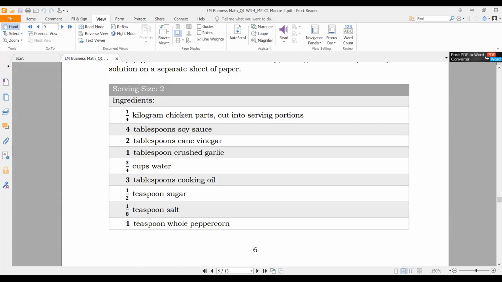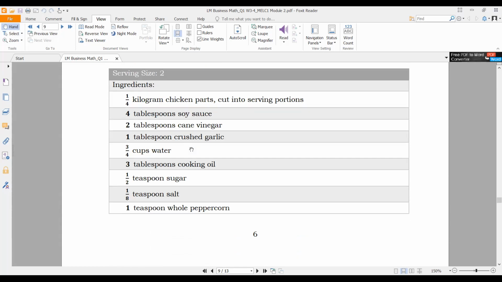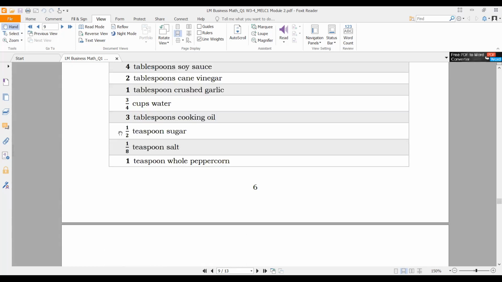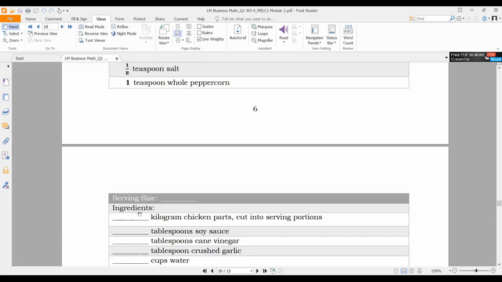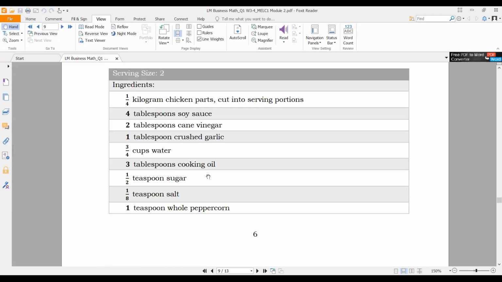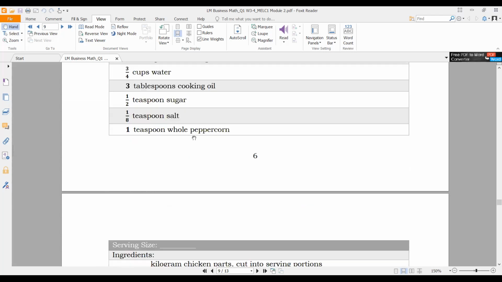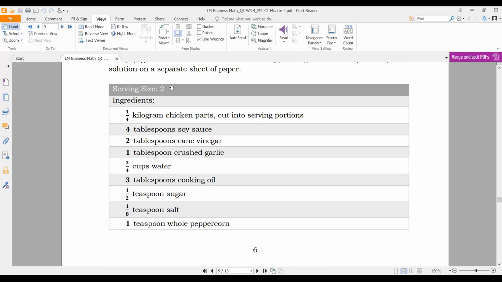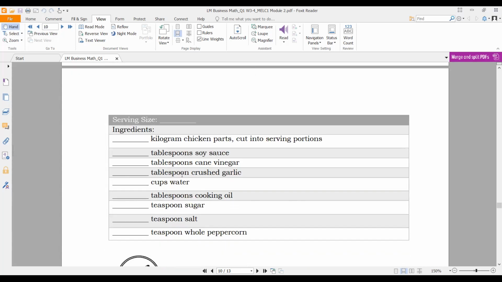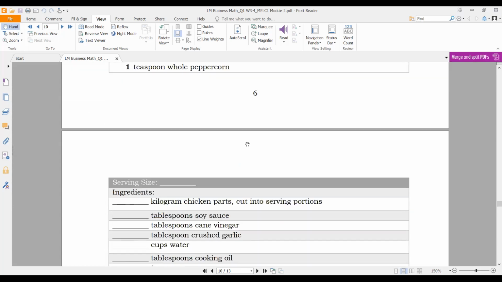Kayo ang bahala kung gusto mong gawing 4, 6 or 10. Ilalagay nyo kung ilang serving ang iluluto nyo at ilang kilogram ang kailangan mo kapag gano'n na ang serving, ilan ang tablespoon ng vinegar ang kailangan. Basta ipakita niyo sa akin yung dami ng ingredients na kailangan. Paki-specify kung anong serving at ano po ang kanilang bigat.